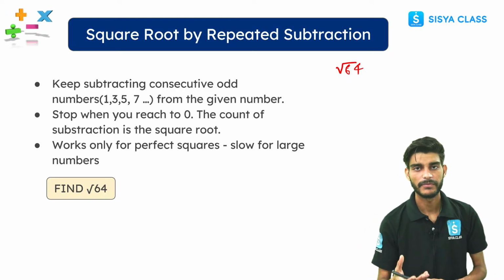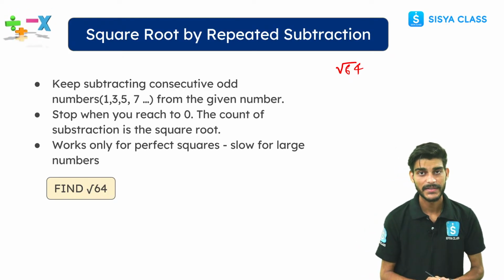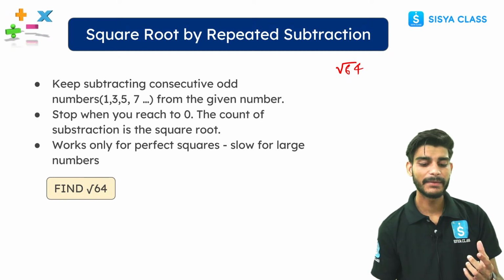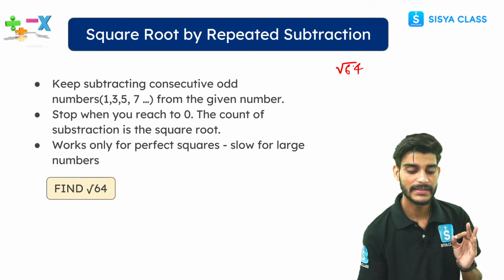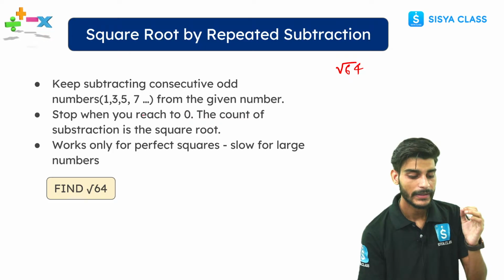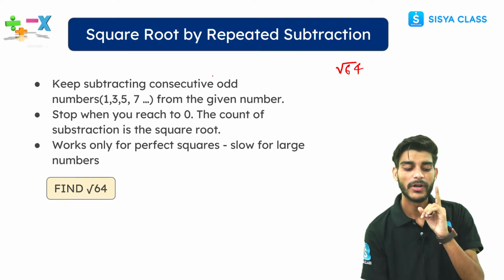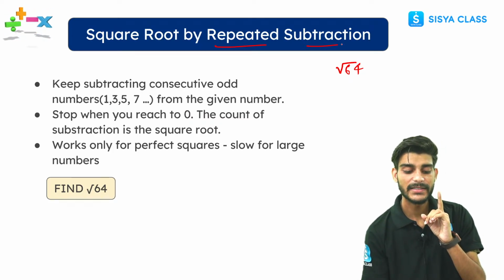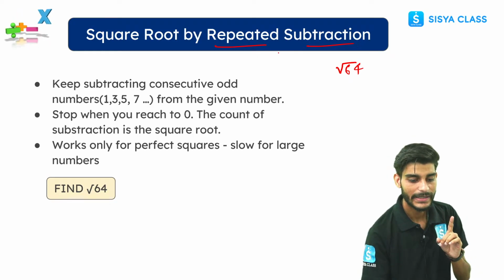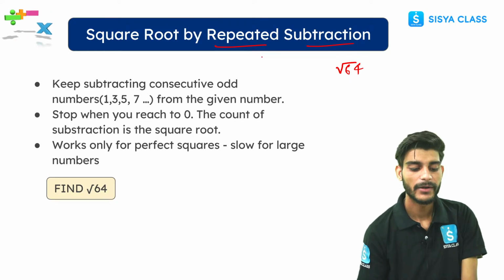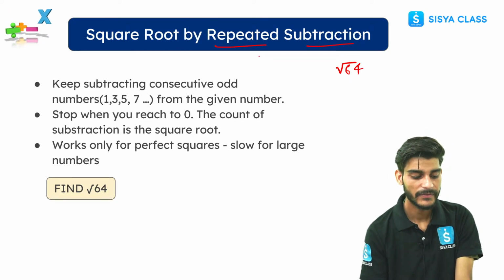That is the meaning of square root. Obviously there is a number, but thinking about the number is a little difficult if it is a big number. So I'll use one method, the repeated subtraction method. I'll also tell its demerits, when we will use this and when we will not.